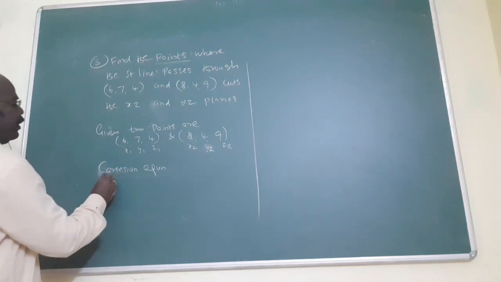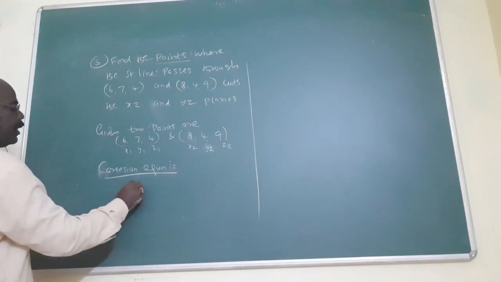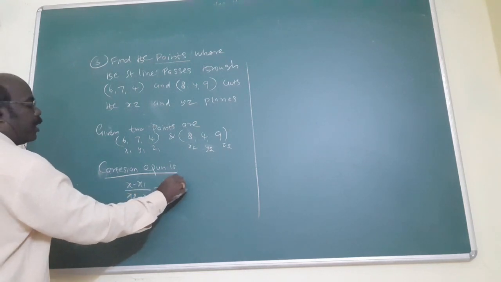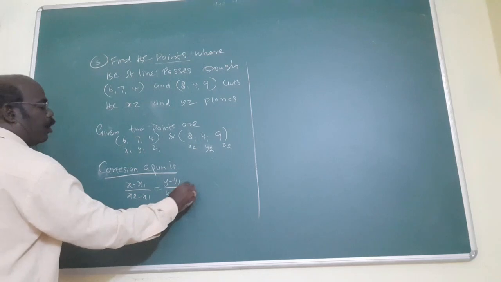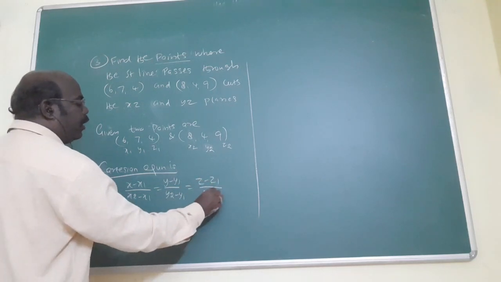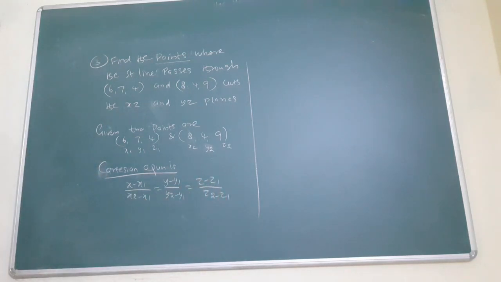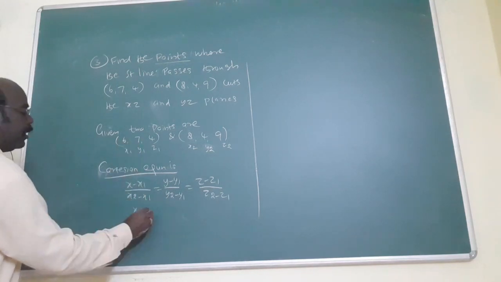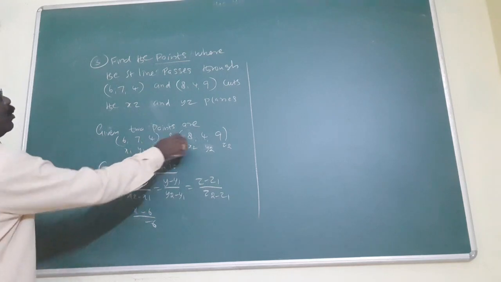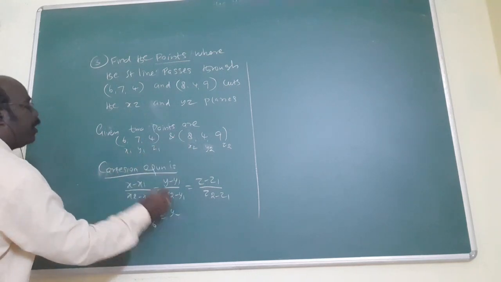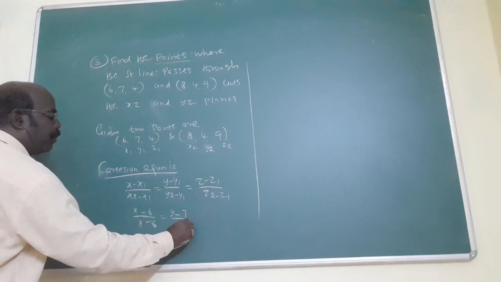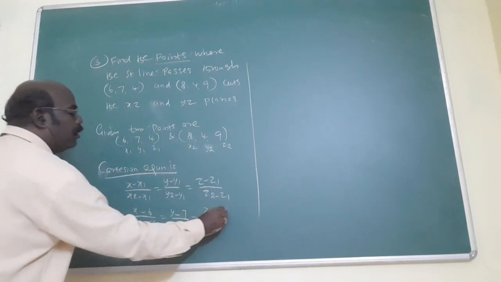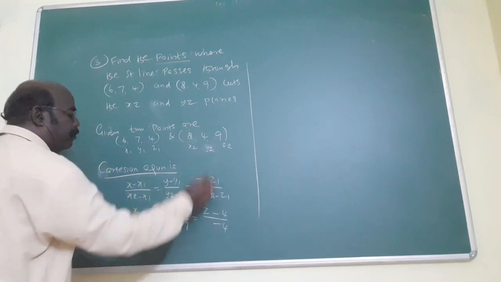The Cartesian equation is (x minus x1) by (x2 minus x1), (y minus y1) by (y2 minus y1), (z minus z1) by (z2 minus z1). This is the formula for the Cartesian equation for 2 points. x minus x1 is x minus 6, x2 is 8. y minus 7, y2 is 4. z minus 4, z2 is 9.